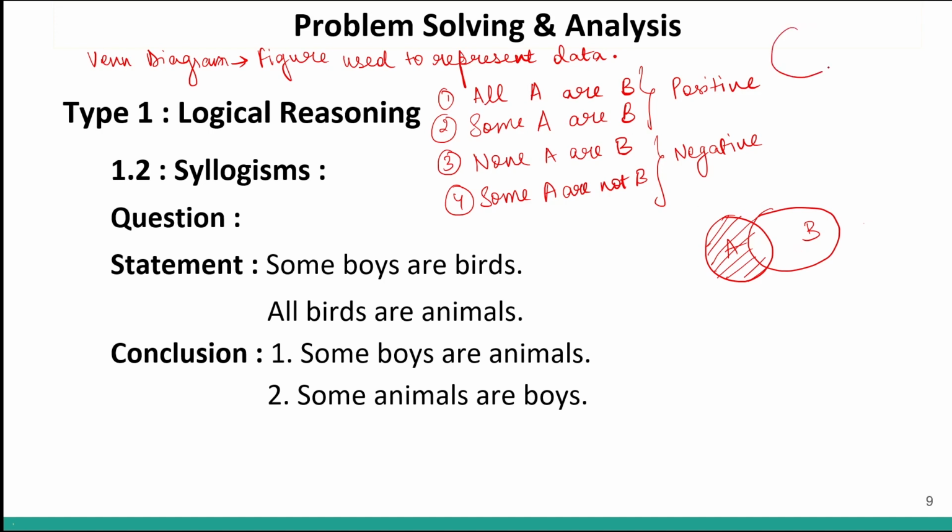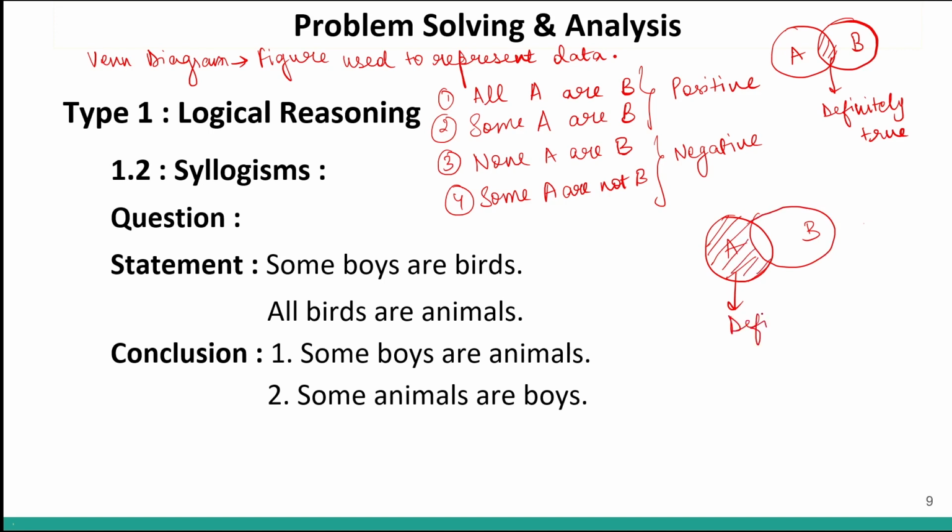When I told you that some A are B, we highlighted this part because this was definitely true. Some A are B means there will be a certain part that is both A and B. But when I talk about some A are not B, that means there will be a certain part in A that will not overlap with B, this part. So this portion is definitely true.